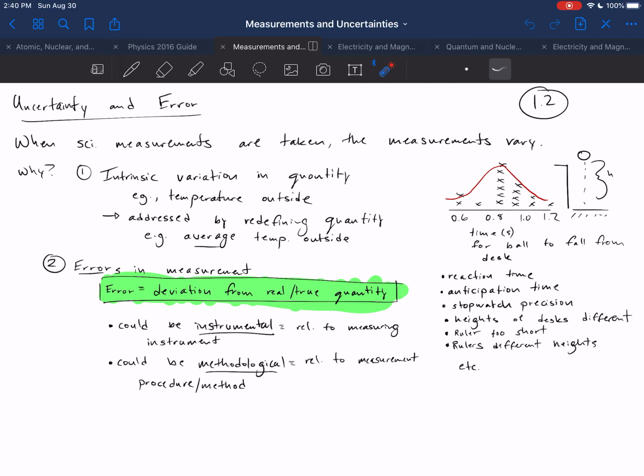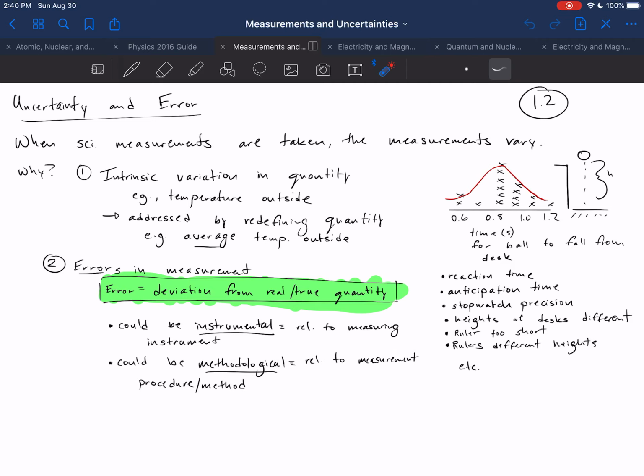This is addressed sometimes, not by being more precise, although you can do that as well. So, instead of taking the temperature outside wherever you are, whenever you are, I can say take the temperature right now in Cheshire, Connecticut, right outside the physics classroom. That would be a way of redefining the quantity to be very precise.